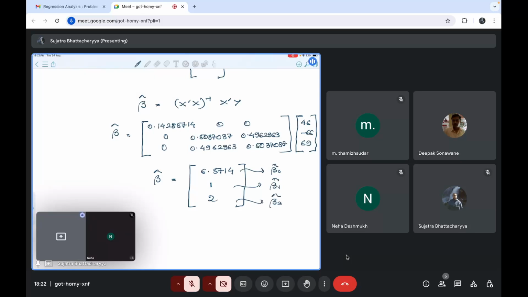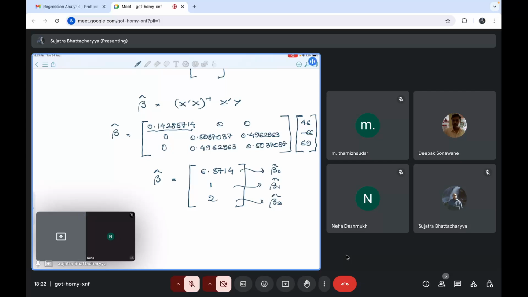One thing I did notice, which I already discussed in the last class when I was showing one of the problems, is that the terms in the inverse you should take up to a large number of decimal places because it is extremely sensitive. If you reduce the number of decimal places, you will get some deviation from this answer.